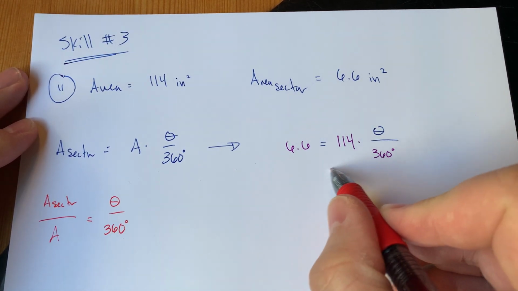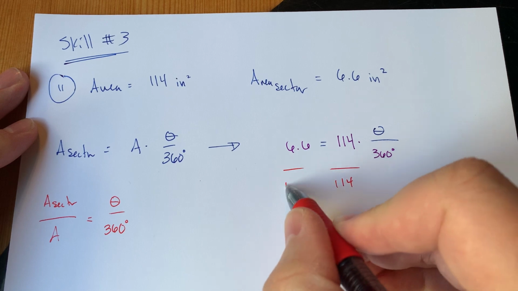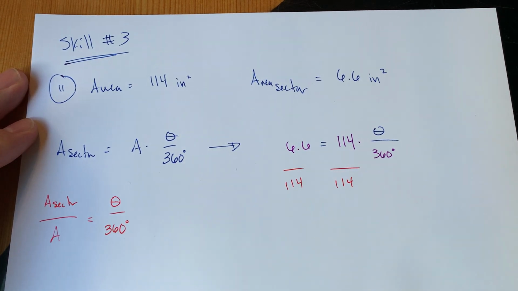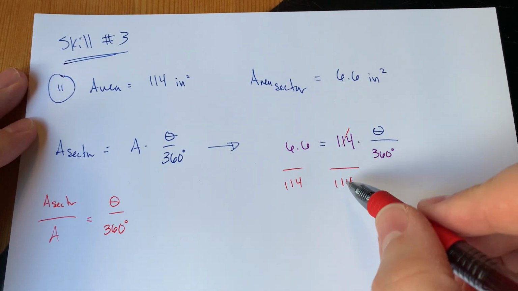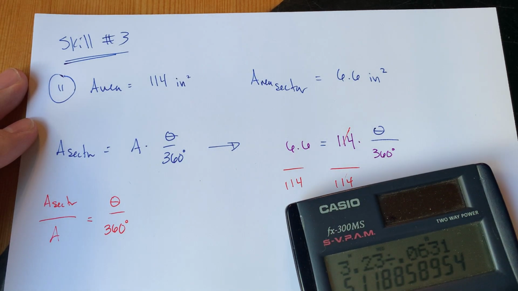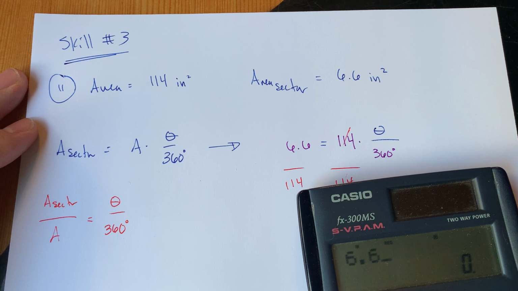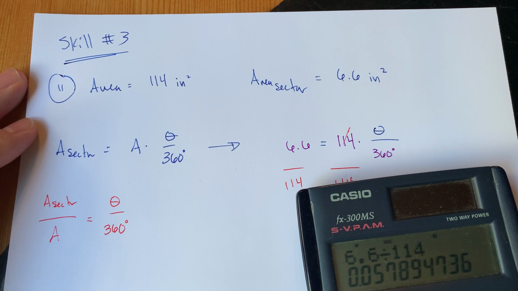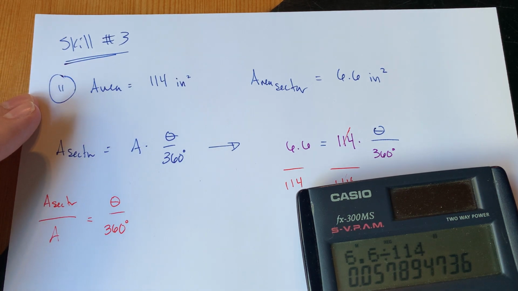So we can solve it getting to this stage. The idea here is, well, divide by 114 on both sides. These will then cancel out, right? 6.6 over 114 is 0.05789. Oh, we forgot about 6.